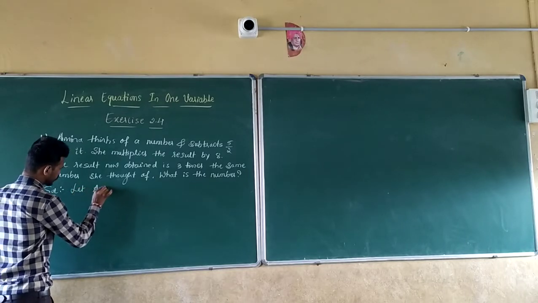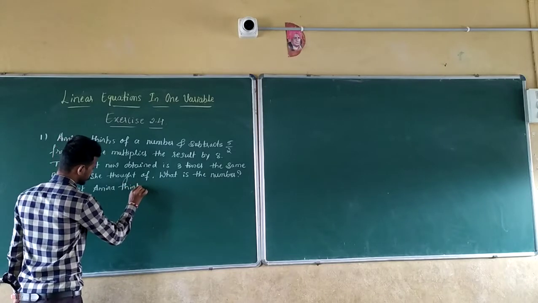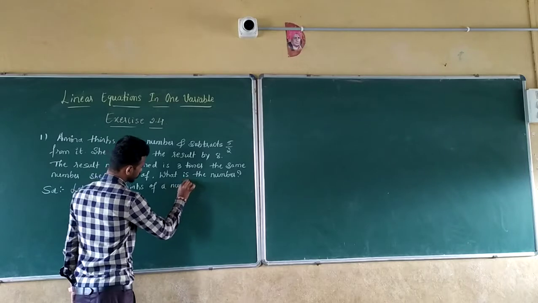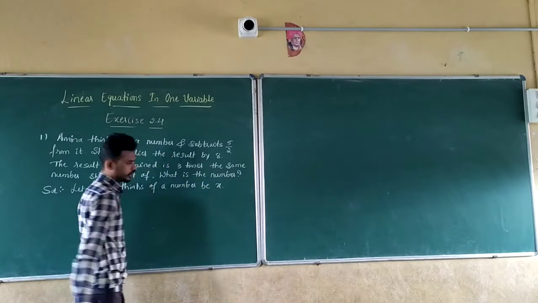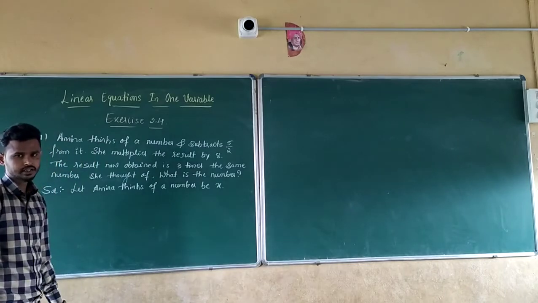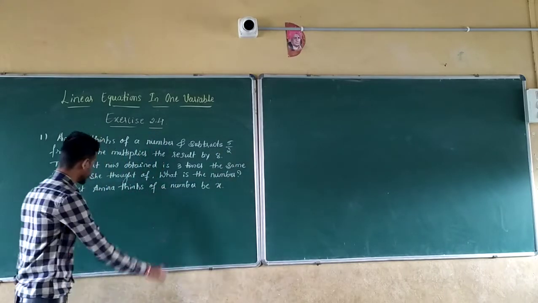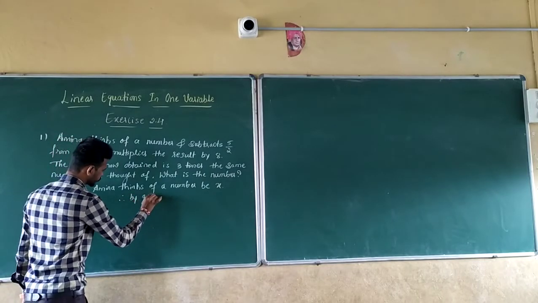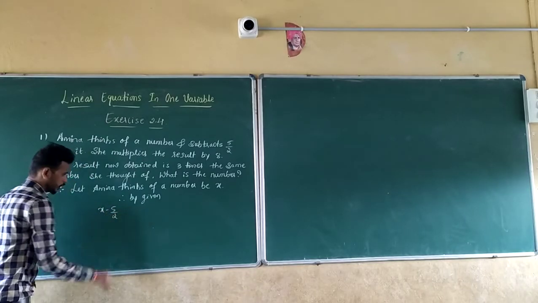Let Amina think of a number, let us take that one as x, and subtracts 5 by 2 from it. Therefore, by the given information, we can write x minus 5 by 2.